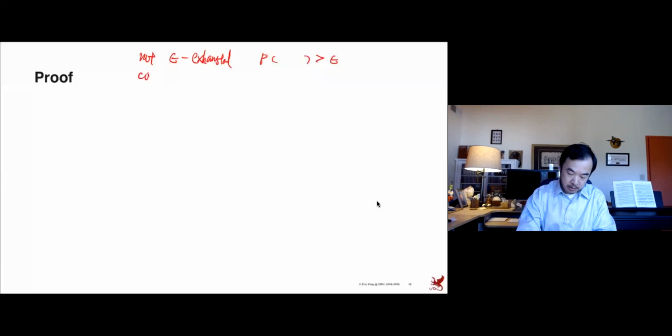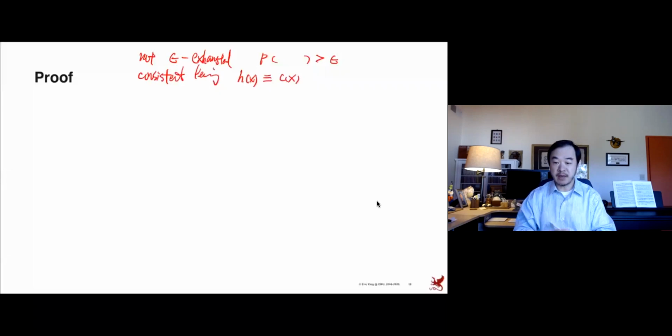So consistent learner, meaning that h of x is going to be equal to c of x. So this is a good event.